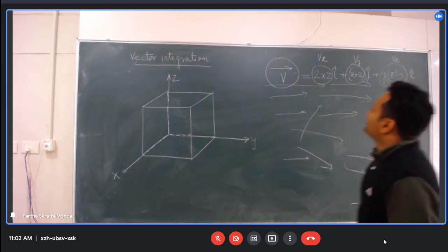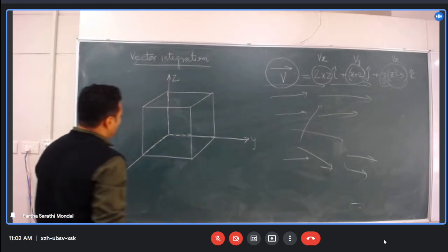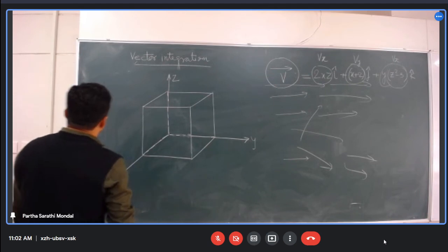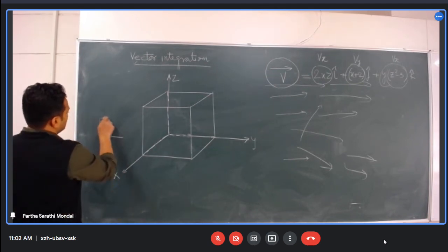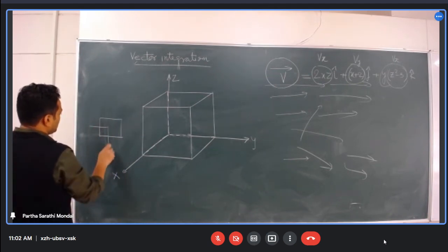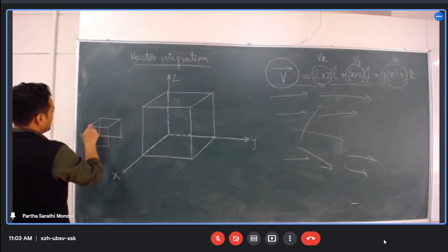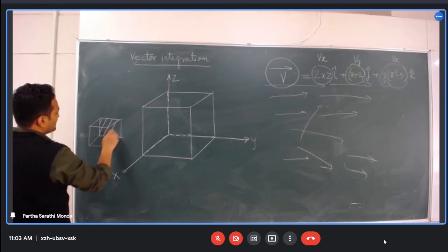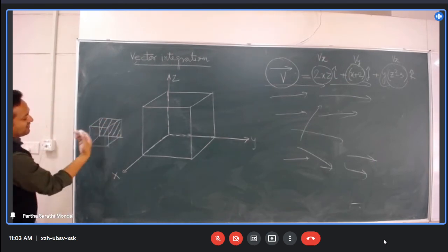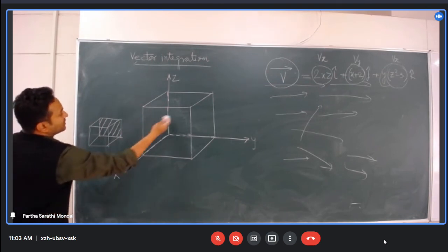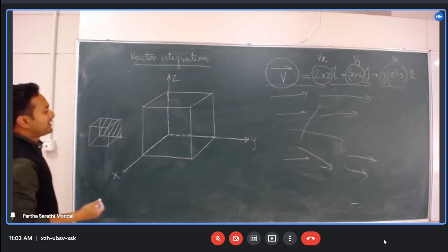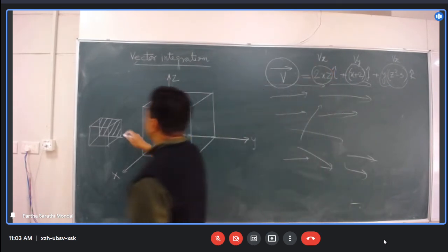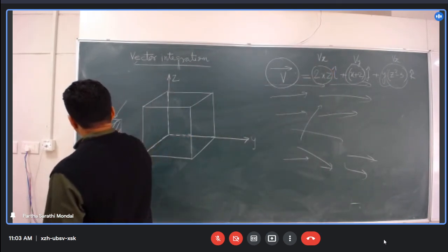Okay, so now let's see what is the component along the x axis. तो मतलब क्या होगा, ये आपका क्यूब है. लेट्स थिंक अबाउट दिस टू सरफेस. ये जो बैक और ये वाला है, सामने वाला जो है, मतलब ये सरफेस और इसका पीछे वाला सरफेस जो है, तो Vx ये x कंपोनेंट है. तो ये कंपोनेंट क्या होगा, ये इधर से इन करेगा और इधर से आउट होगा, लाइक दैट.